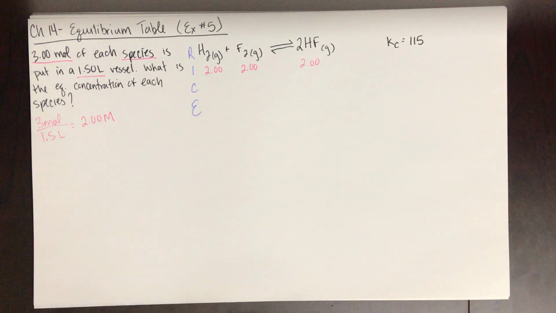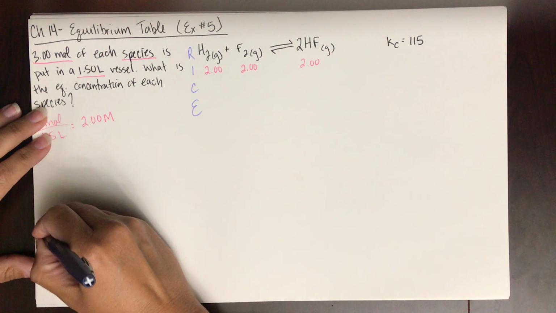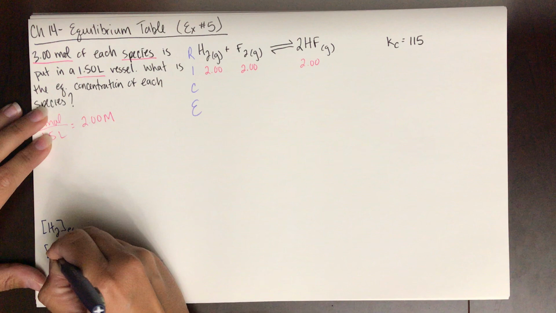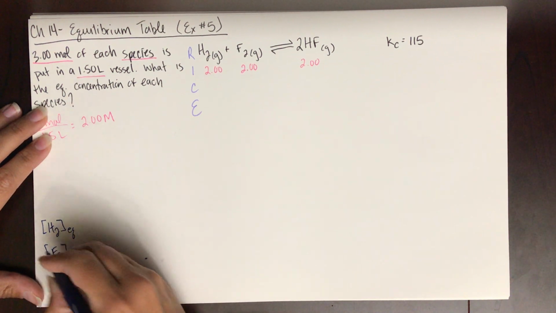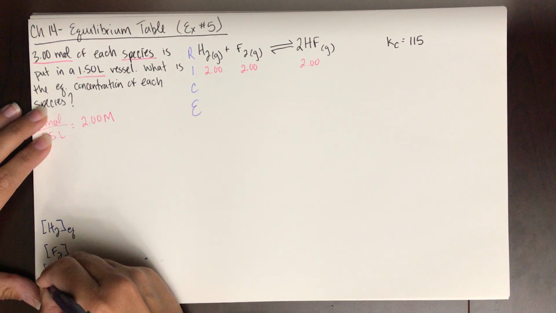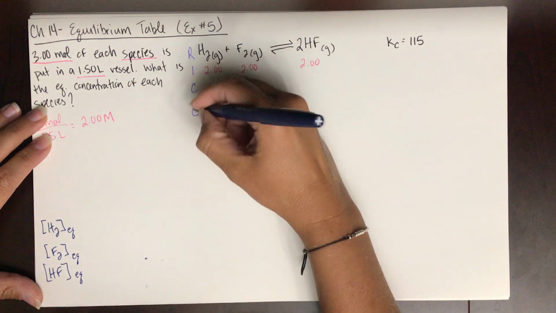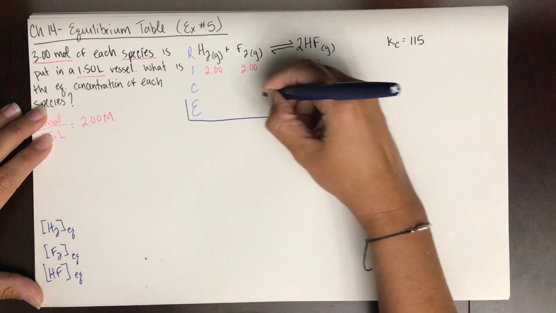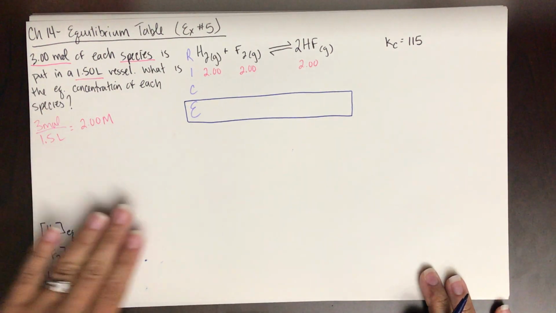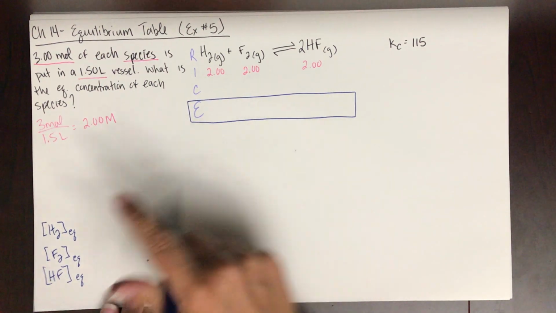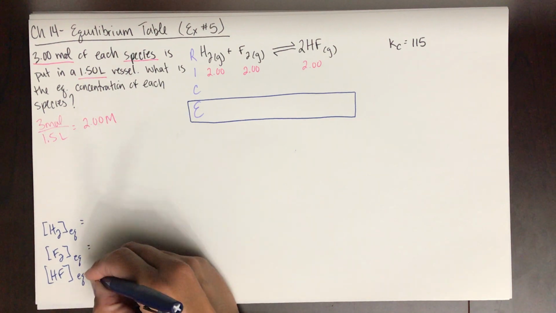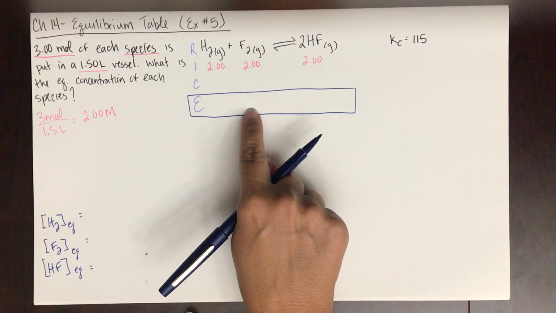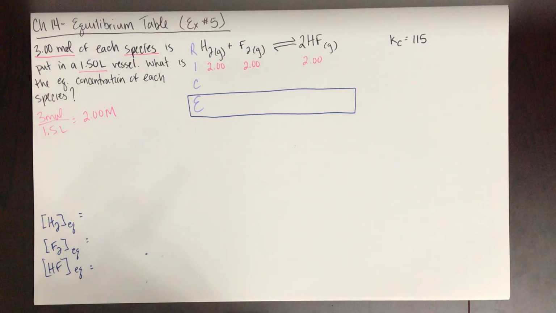I want to know the equilibrium concentration of hydrogen, fluorine, and hydrogen fluoride, which is going to be this row of my table. Whatever I get for this row, I'm going to then use to solve for these equilibrium concentrations. That's what E stands for.